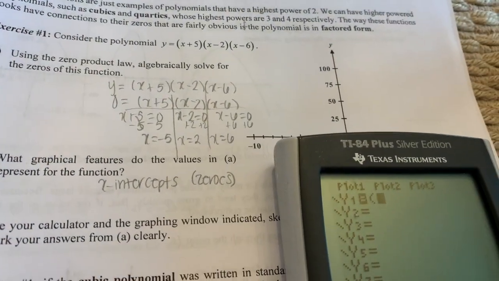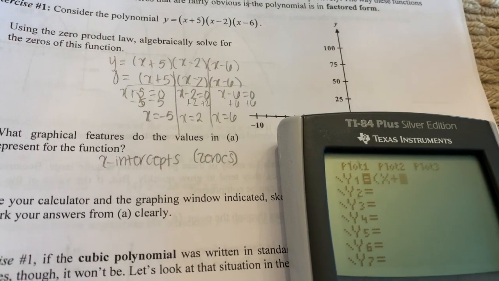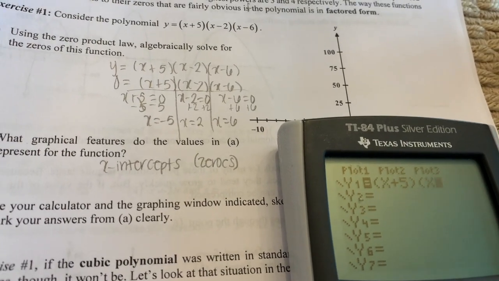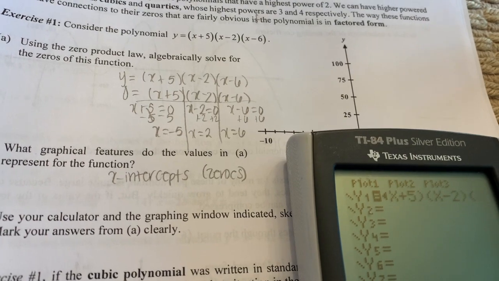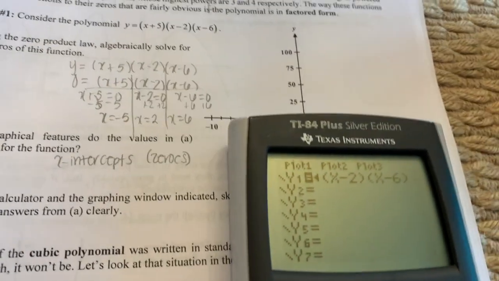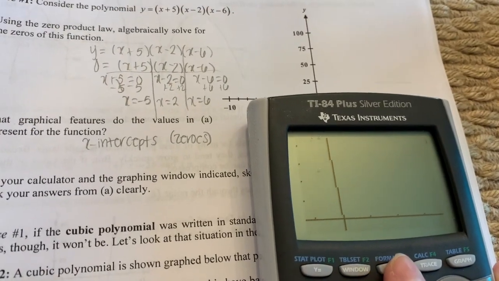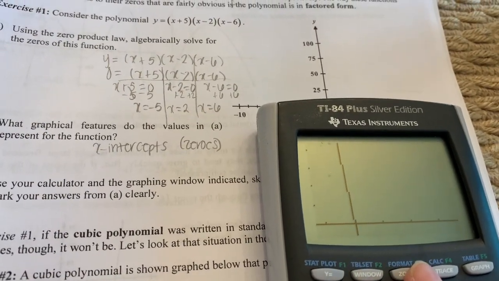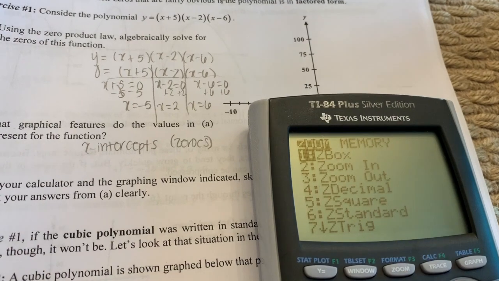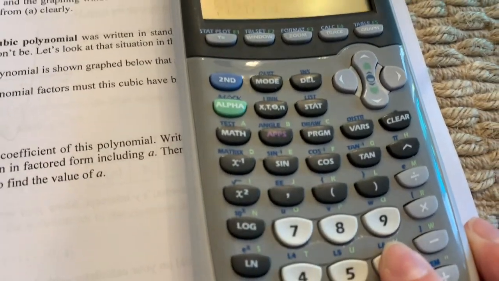So I'm going to plug this in exactly as I see it. X plus 5, x minus 2, and x minus 6. Okay, and I'm going to take a peek at my graph. I must have had it on some kind of window the last time I did this, so I'm going to zoom standard, which is 6, remember?